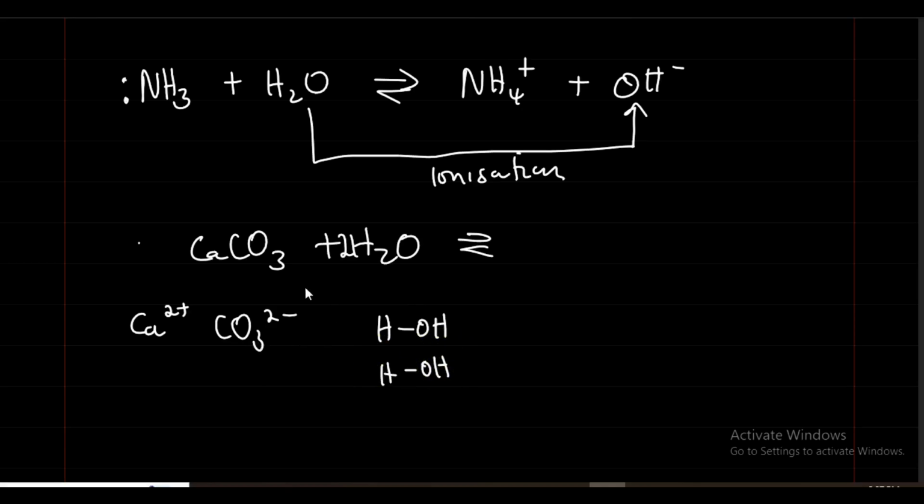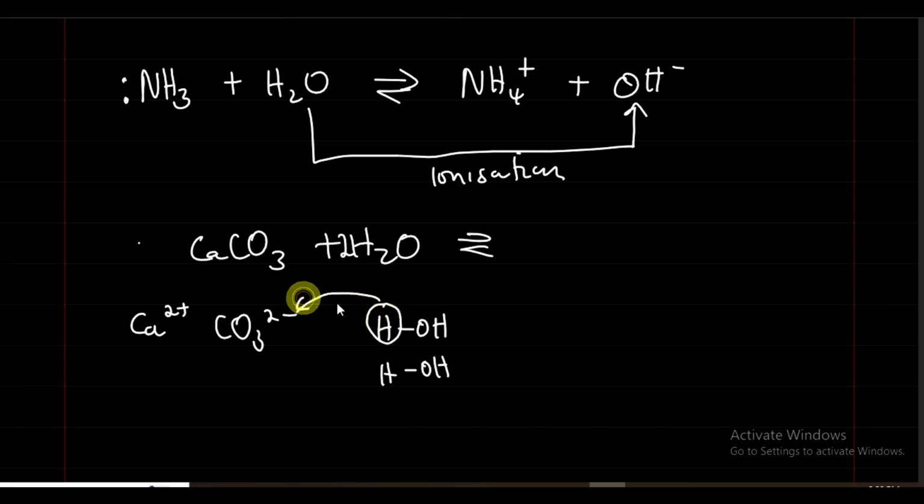What is going to happen is that after this weak base is added into water, it will start by dissociating first, which is to separate to form ions. After dissociating, it will ionize. How will it ionize? This hydrogen will be donated to this carbonate.